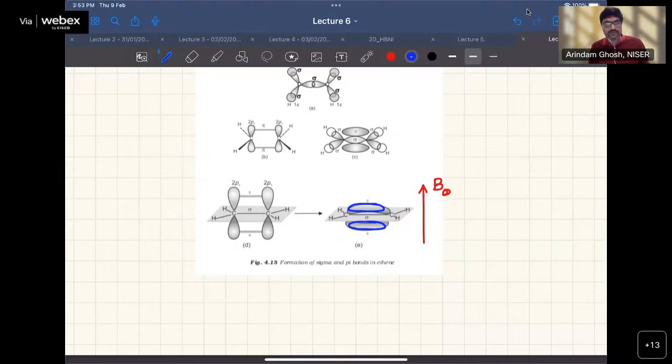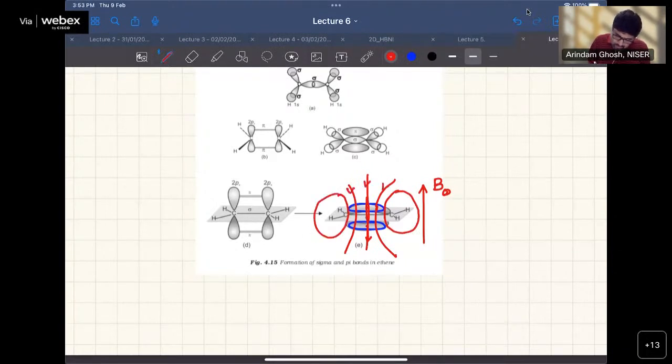And the effect of this ring will be at the center of the ring: there is a current, and a magnetic field will be created because of this current, which will oppose the applied magnetic field, correct? So the lines of force are going to be something like this. It is going to be opposing.